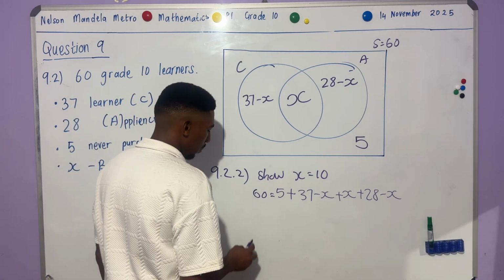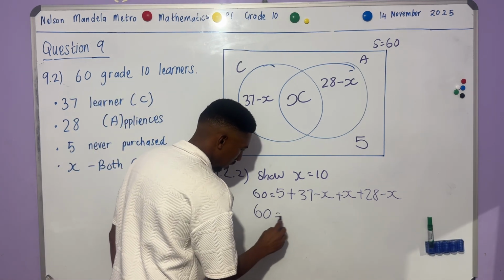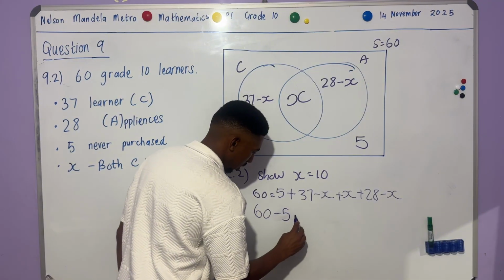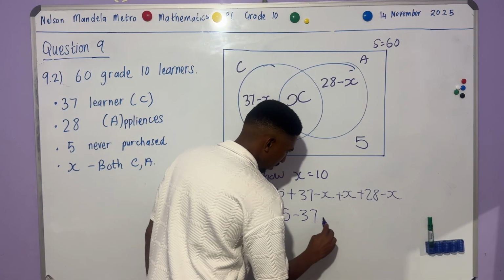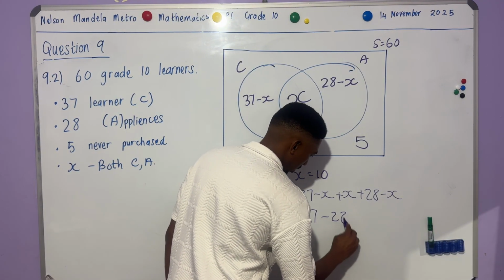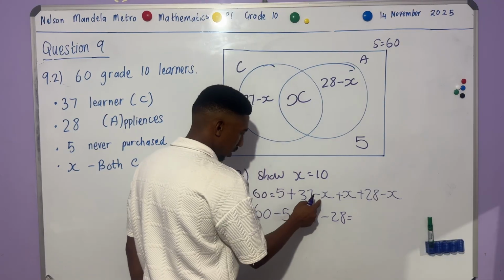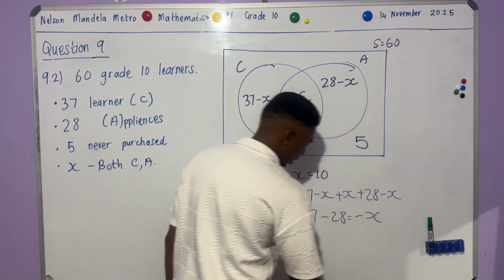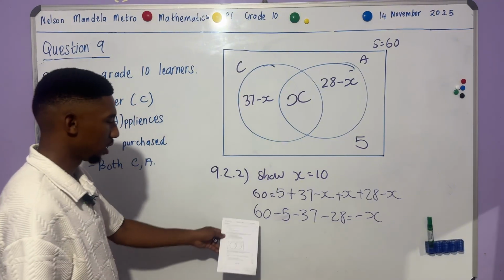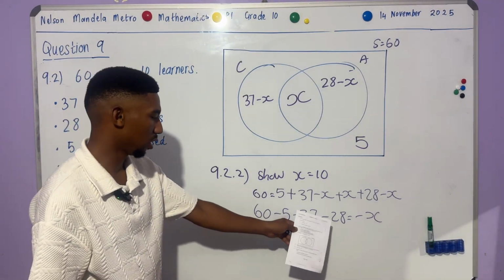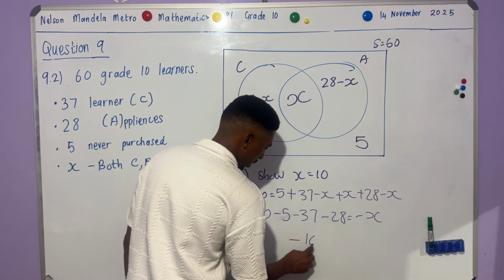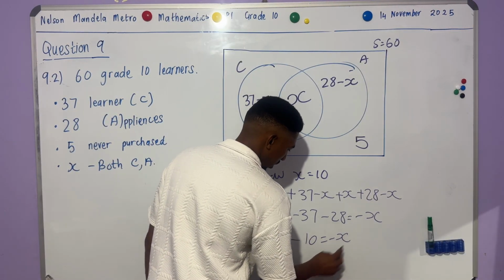We're going to take all the numbers to the left hand side. So it's 60 minus 5, can you see I'm very tight, minus 37 minus 28 equals minus x plus x is 0. So I'm left with minus x on the right hand side. 60 minus 5 minus 37 minus 28, that answer there is minus 10 equals minus x.